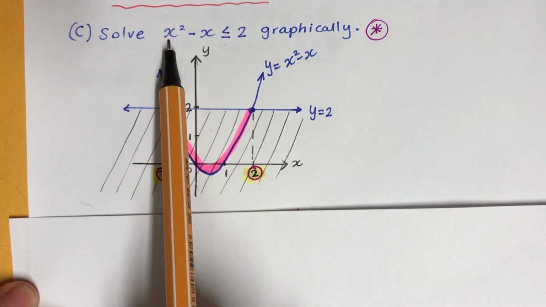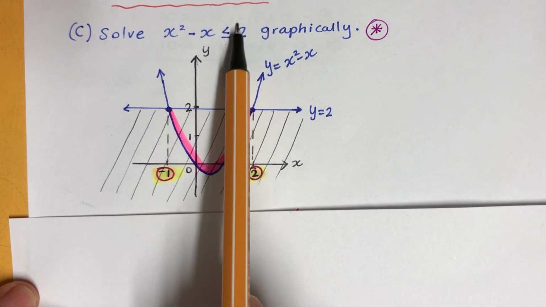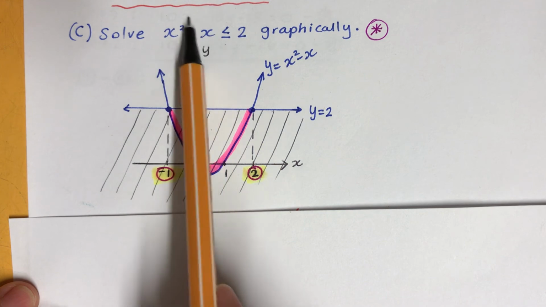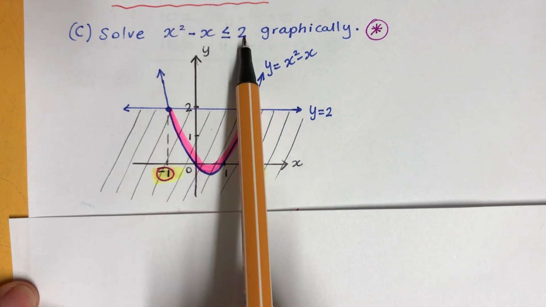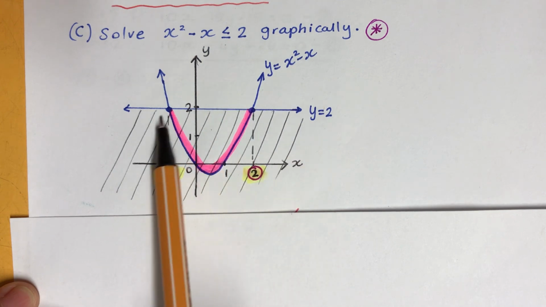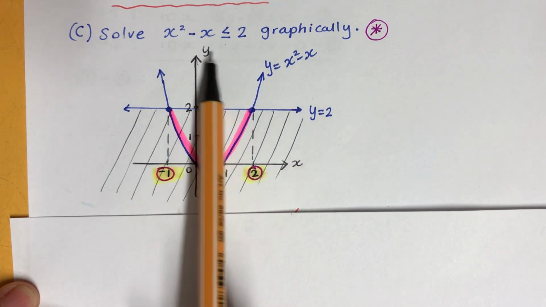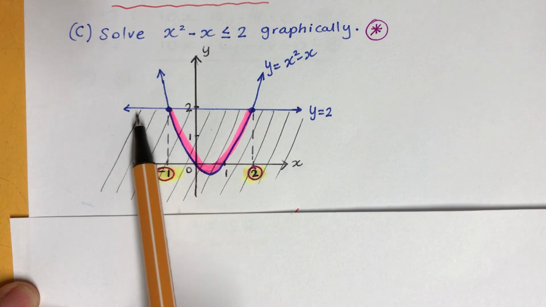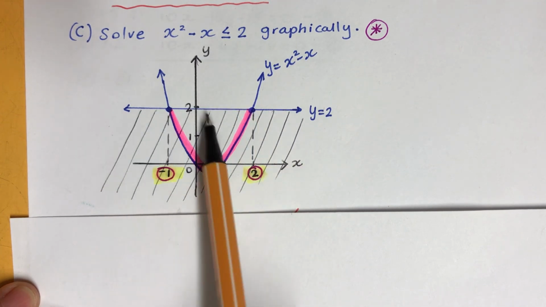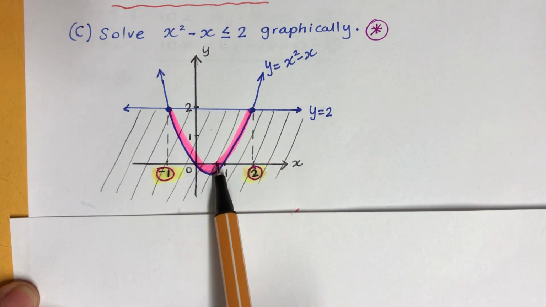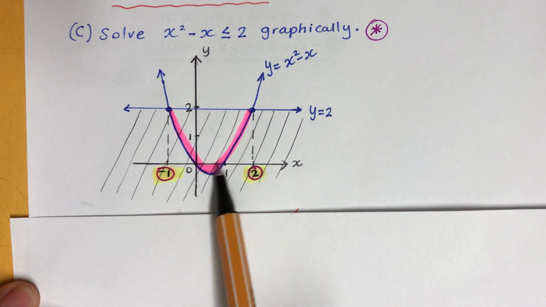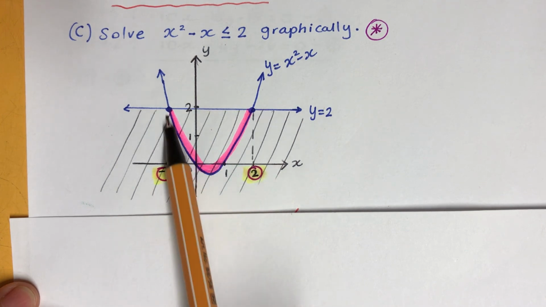Now, if you think about this, 2 is bigger than this part, okay? This part is smaller than 2. So when you look at this, we're looking below y equals 2 because this parabola is smaller than 2. So this is all the part that is less than 2. In that region, we just have to look at the parabola part, okay?